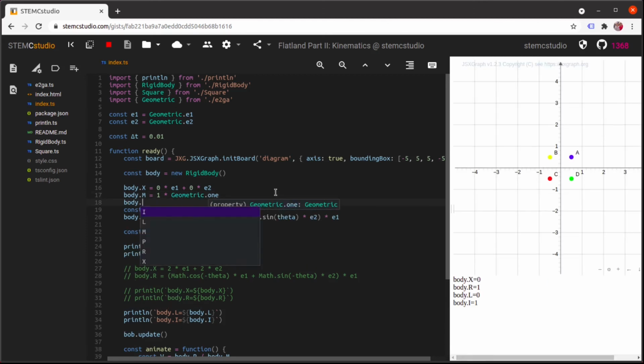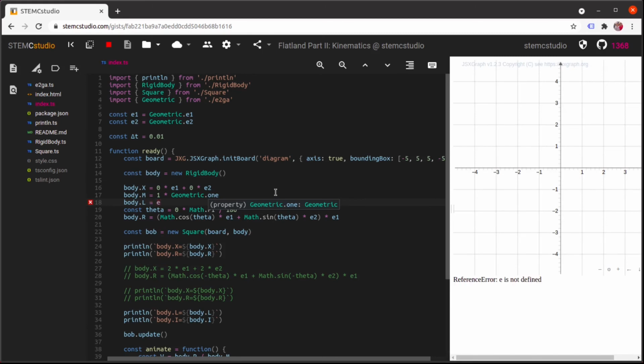Let us give our body some angular momentum. So body.L equals, and angular momentum, recall, is just a bivector. So any old value will do here. I'll just use E1, E2. And so we can see body.L is E1 wedge E2.